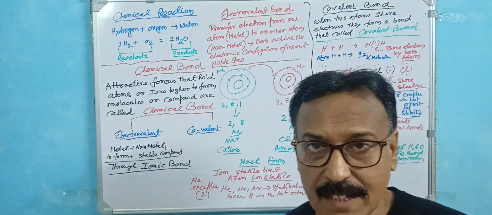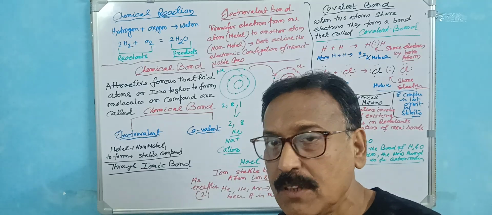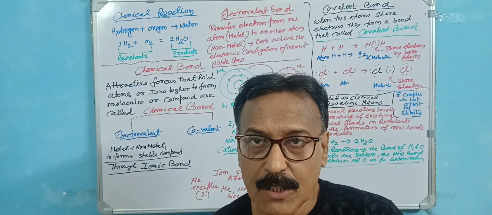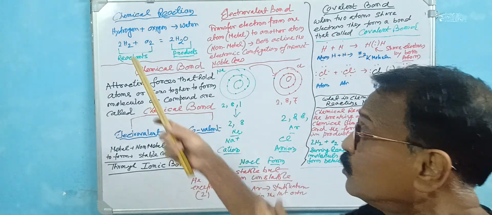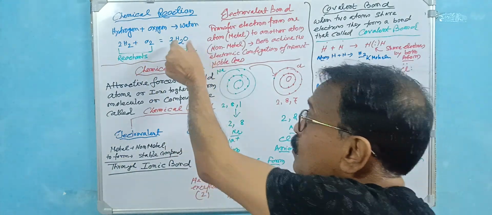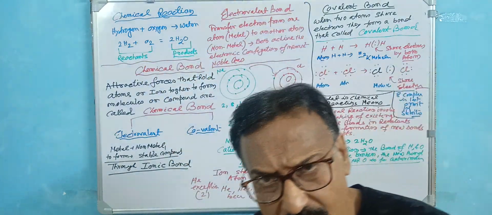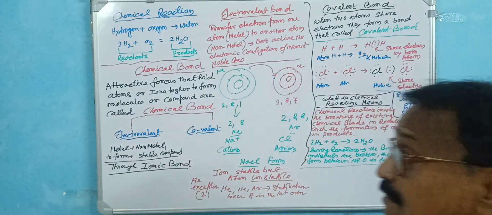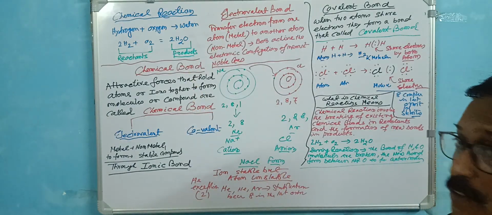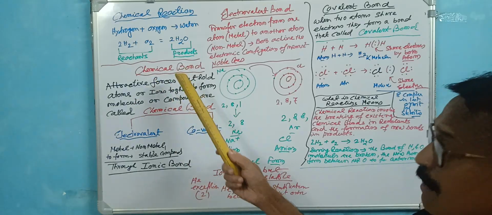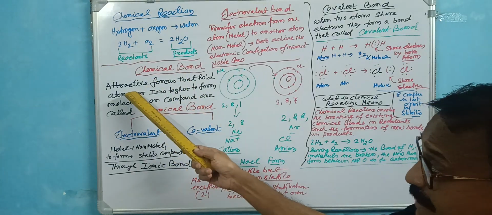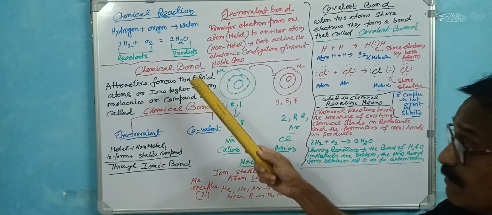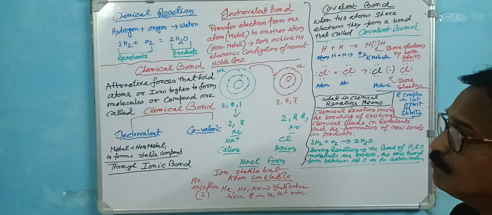Two hydrogens are there, so between them there is an attraction power, and they are combined with each other. This and this form water. That means there is a certain attraction, and this certain attraction is called the chemical bond. Chemical bond means an attractive force that holds the atoms.